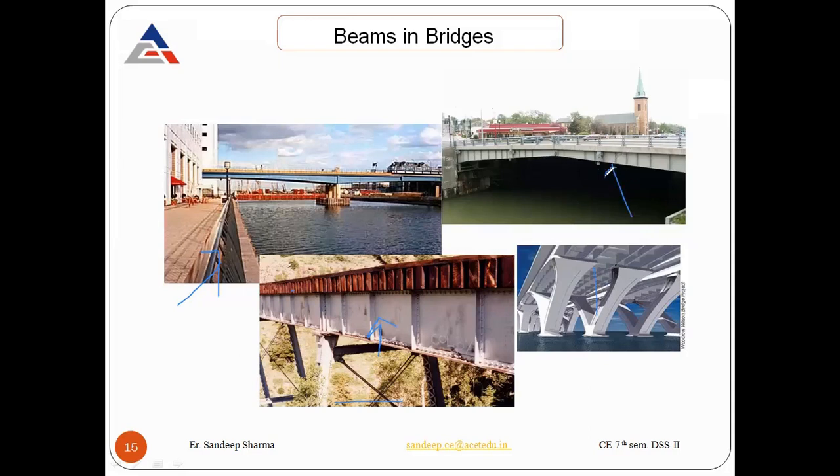These girders are in tapered form to maintain the height of the bridge, so that it can also be used for navigation purposes as well. Okay, so we have so many examples of plate girders in these steel structures.